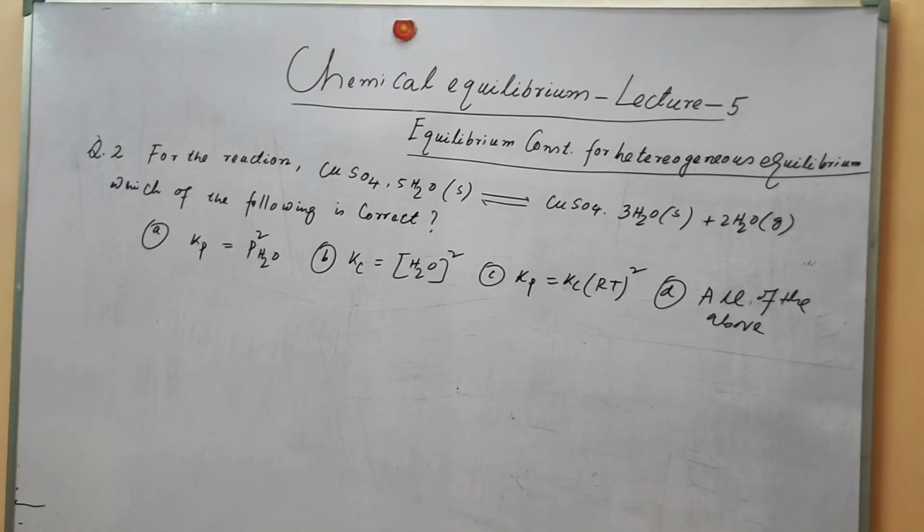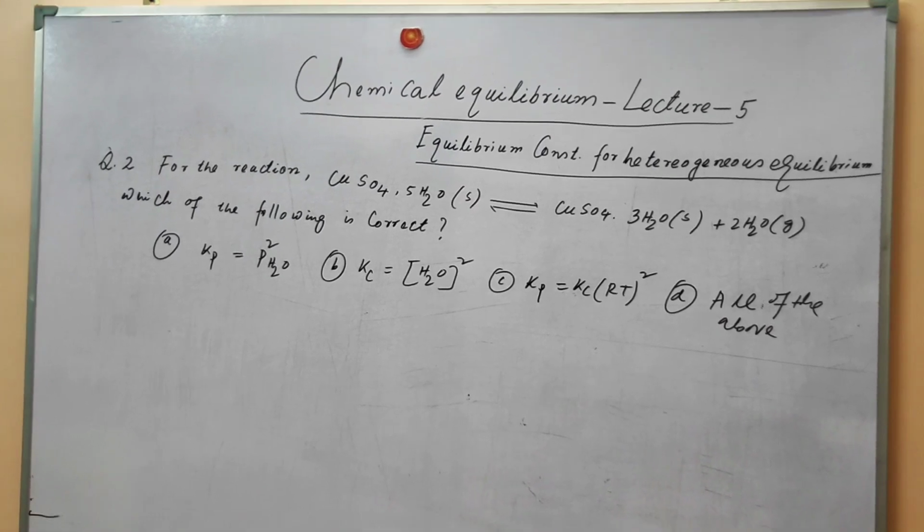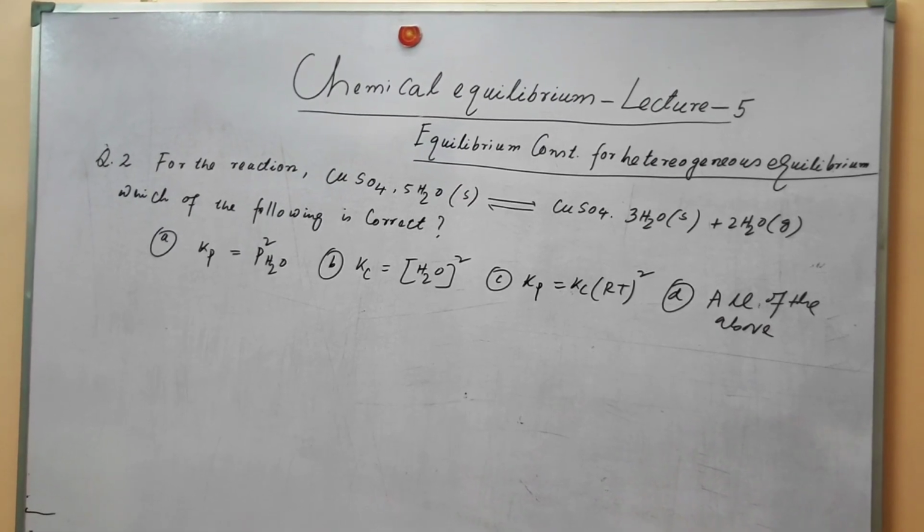Okay. This is again a question before you. Question number 2: for the reaction, this is the reaction, which of the following is correct? You have been given different equilibrium constant expressions, and you have to see which will be correct. This is a heterogeneous equilibrium.